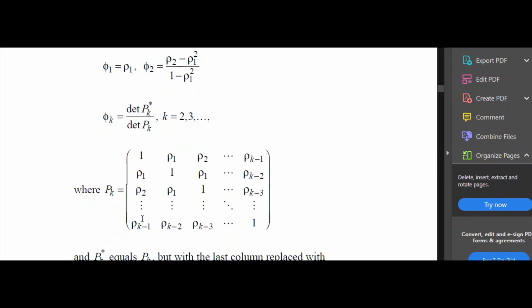Row-wise, column-wise, you complete the first row, first column, then go to the second entry of the second row, second column. You start with 1, complete the row and column, then go to the third row, third column. You write 1 here, complete the row and column, okay. This way you can remember.